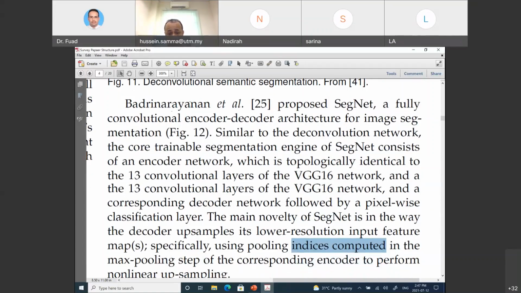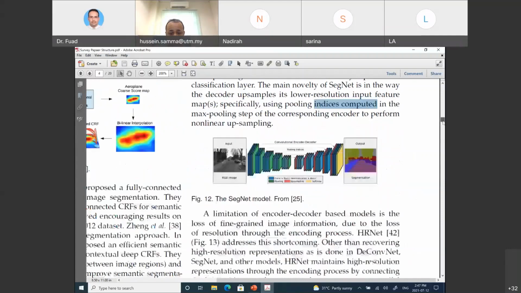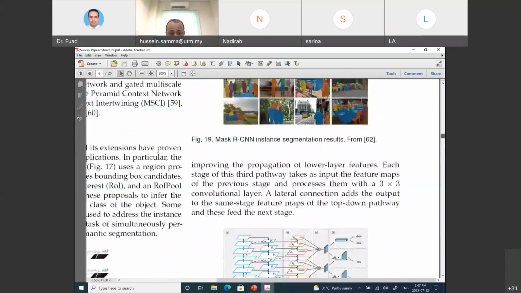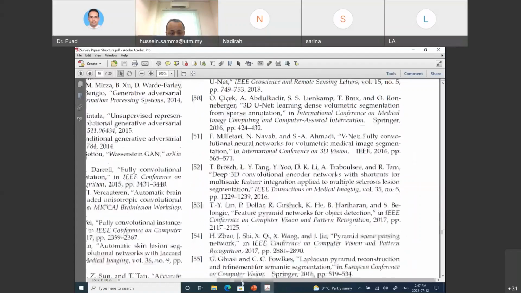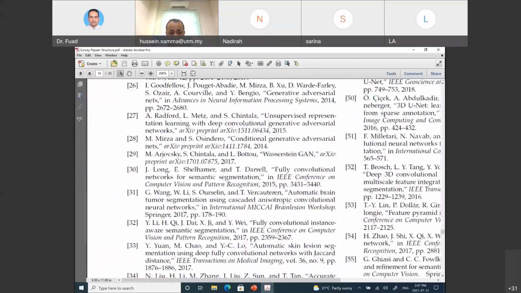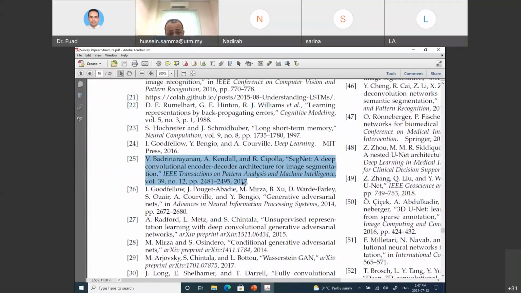Maybe you think it's just a simple idea, but my point is that this paper has been published in 2017, two years later, and it has been published in one of the highest journals in the field of computer vision and pattern recognition.